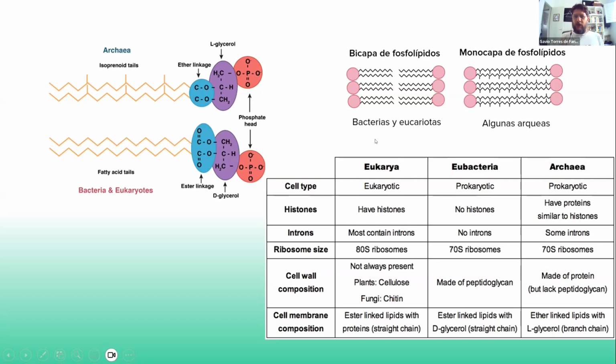And when you look at the layers of the membrane, in bacteria we have a bilayer, and in archaea in general, in some groups, we have a monolayer. And evidently we have other differences between archaea and bacteria, but this is the most basal difference between them.